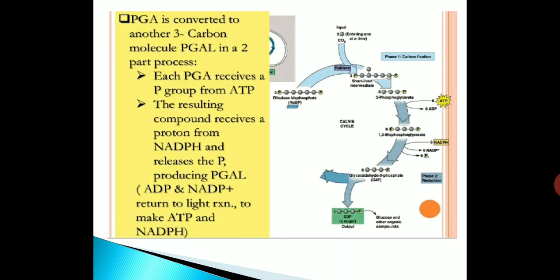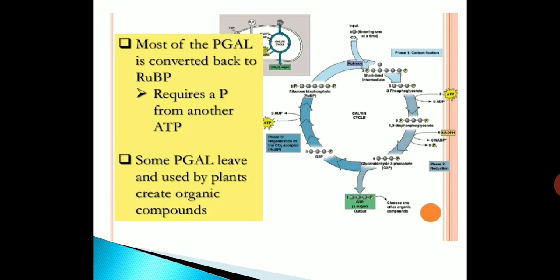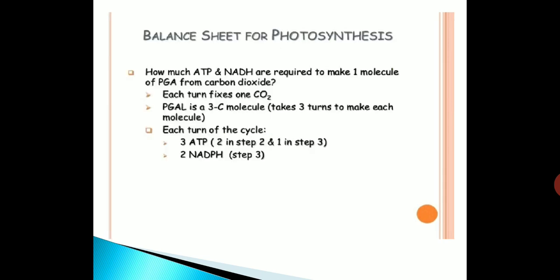Return to light reaction to make ATP and NADPH. Most of the PGAL is converted back to RuBP. This requires a P from another ATP. Some PGAL leave and are used by plants to create organic compounds.